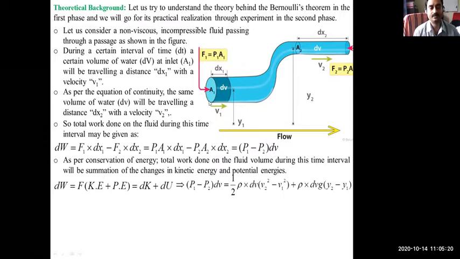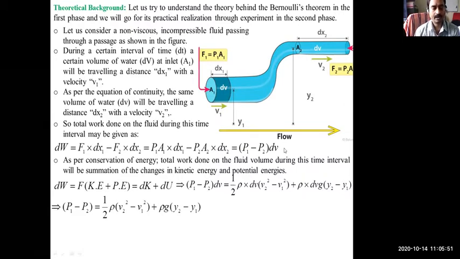So (P1 minus P2) dV equals half rho dV (V2 square minus V1 square), plus rho dV g (y2 minus y1), where y2 and y1 are the datum distances of the center of the streamline from the datum level. If I cancel dV on both sides, it leads to this equation.